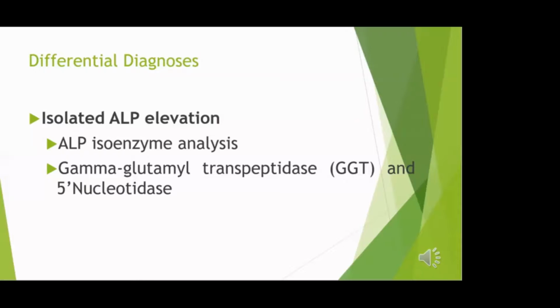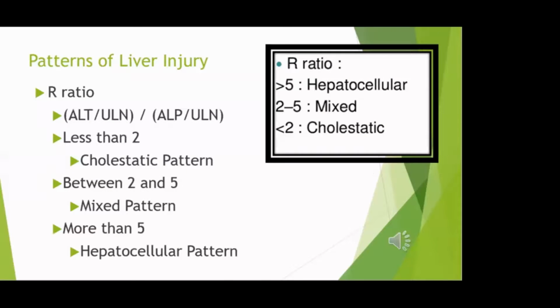There has to be a concomitant increase in your GGT, or gamma glutamyl transferase, and/or 5-nucleotidase to say that the levels of ALP are elevated secondary to a hepatobiliary origin.